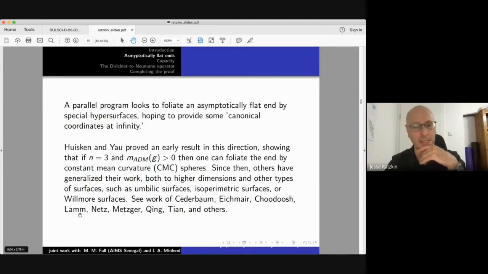Metzger and Lamm construct a foliation of an end by Willmore surfaces, and I think that work is only valid for dimension 3. There are a number of others working on this as well. So this list is not meant to be complete.